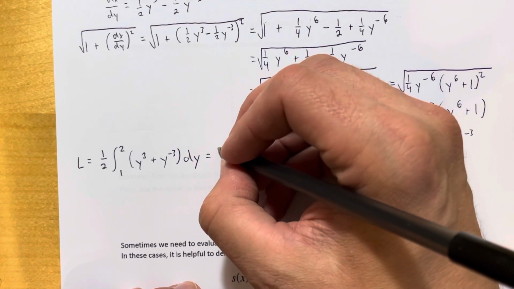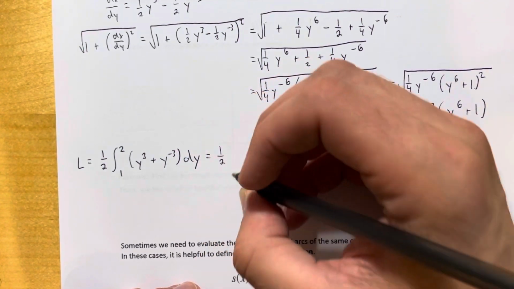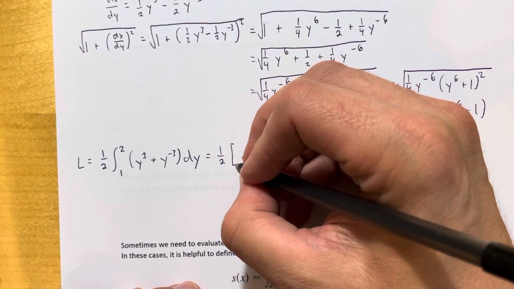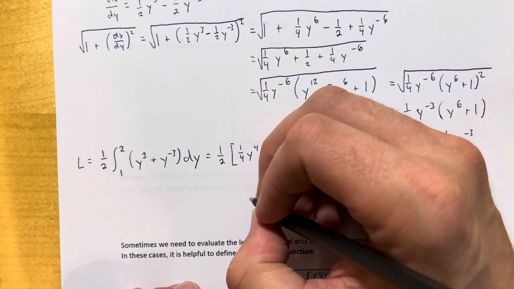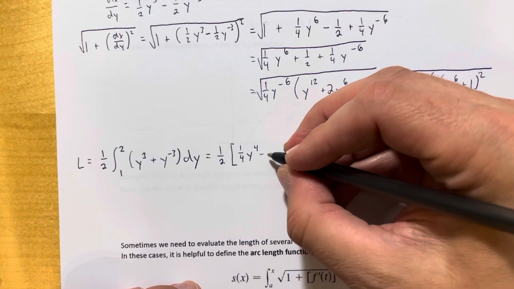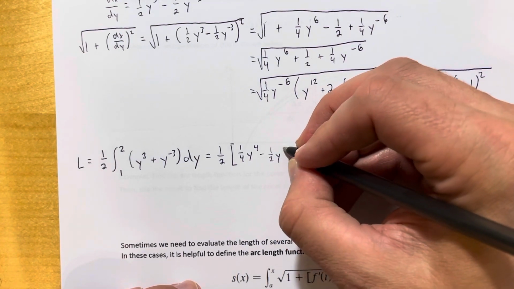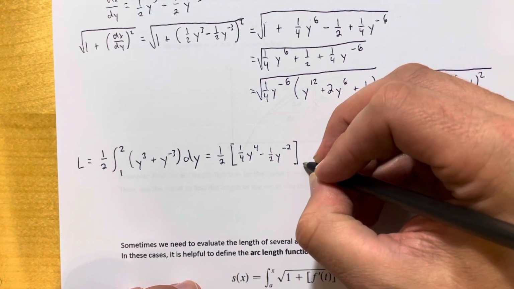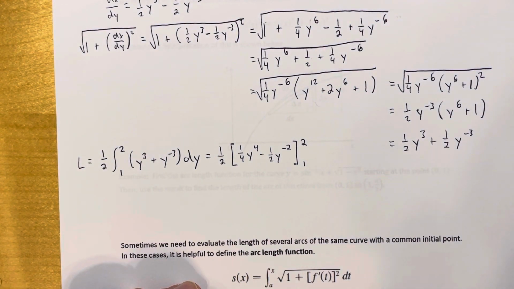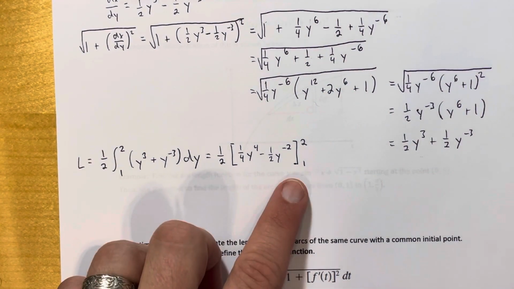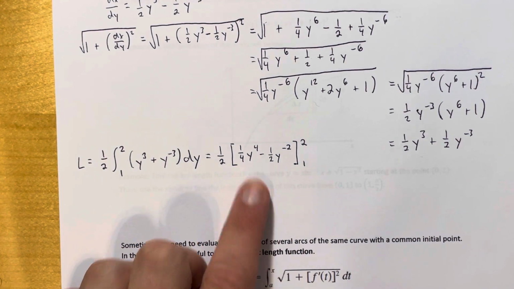This is a really easy integral to do now that we've simplified it as much as we have. So we're going to get 1/4 y to the fourth, then minus 1/2 y to the negative second power, and again, we're going from 1 to 2 there. This is really straightforward evaluating.